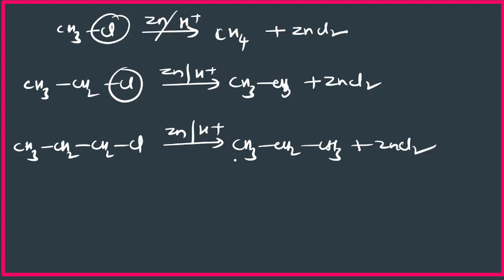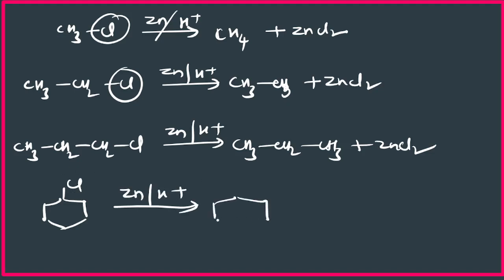Again, one more example: chlorocyclohexane in the presence of zinc and H plus, simply removal of halogen and adding of hydrogen, becomes cyclohexane. This is the reduction with zinc with HCl and zinc with sodium hydroxide.